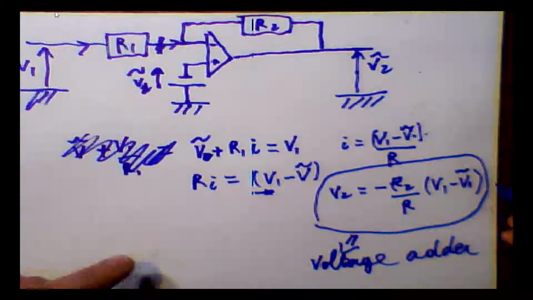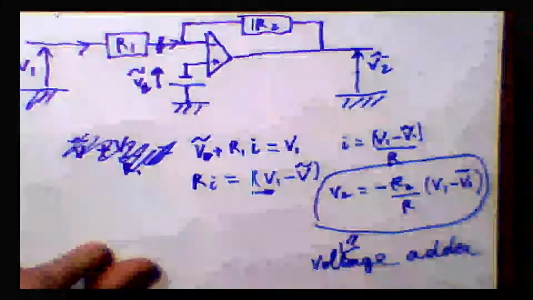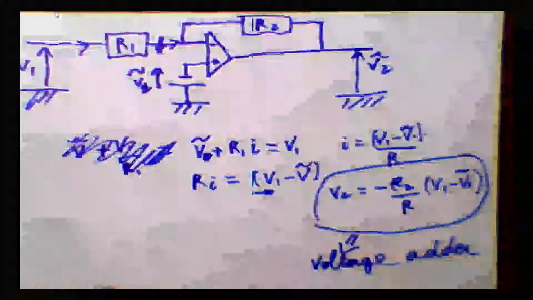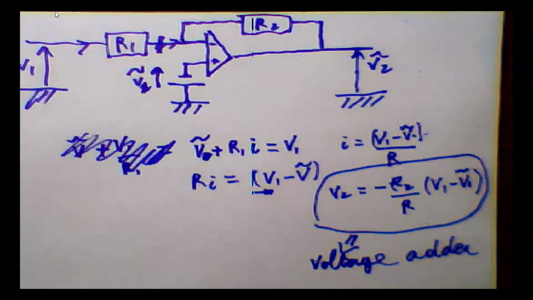So we imagine that we can feed this guy with the output of one of our previous circuits, and that guy with the output of another one of our circuits, and we can generate the sum of two circuits.